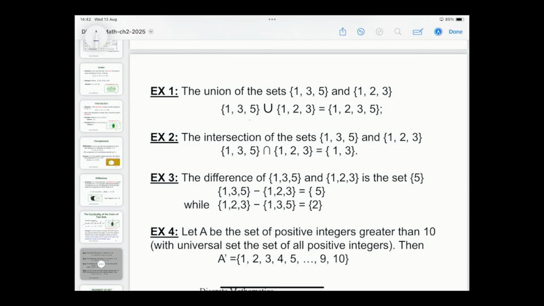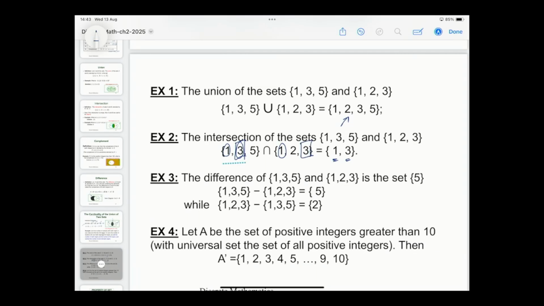So with union, we just select members from both sets and put them here, only the unique members. The intersection, we just get the members that belong to both sets, so that would be the 1 and 3. That's it.